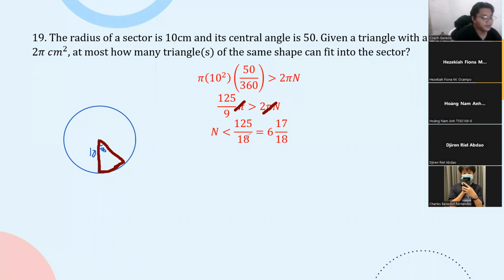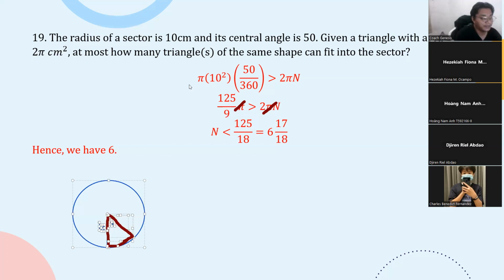So you have 125 over 18. Now 125 over 18 is equal to 6 and 17 over 18. So that means we only have 6 triangles of the same shape that you can have inside the sector.